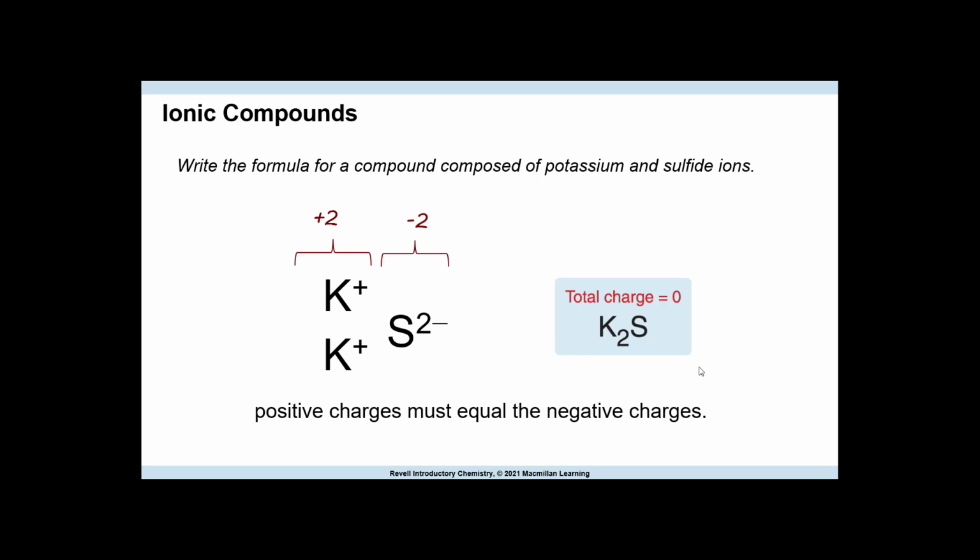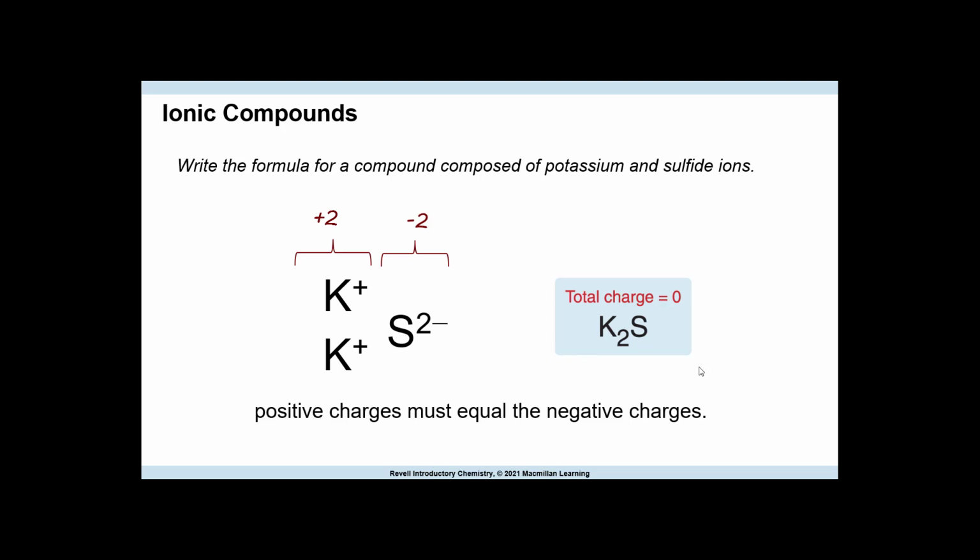This makes the total of the positive charges and the negative charges equal an overall of 0. So you need two potassiums, which equal +2, to cancel out the -2 of the 1 sulfide ion.